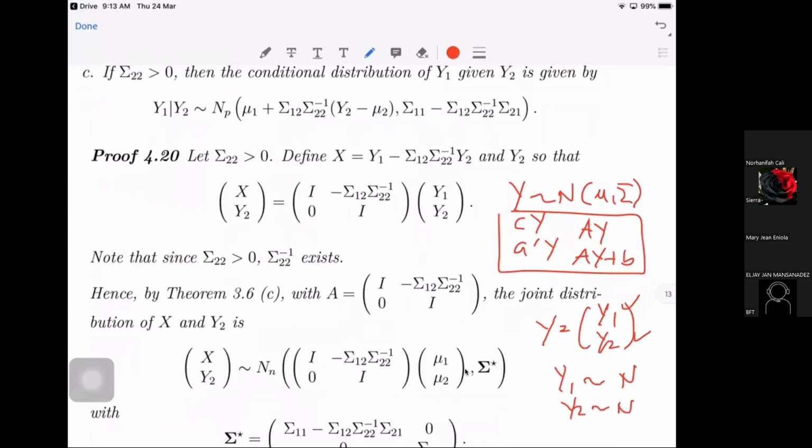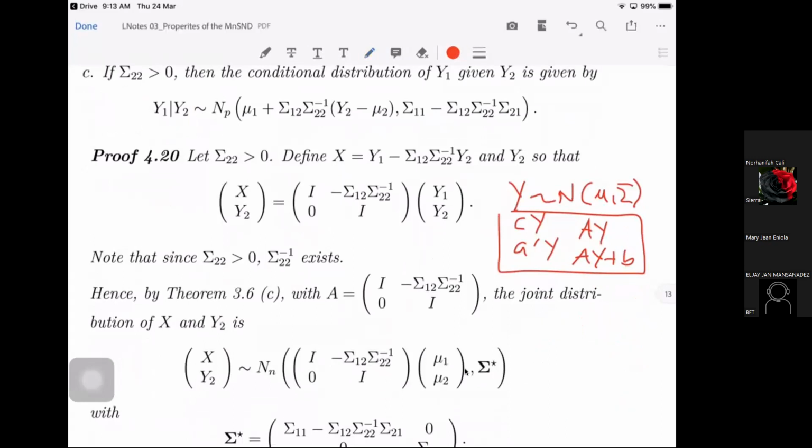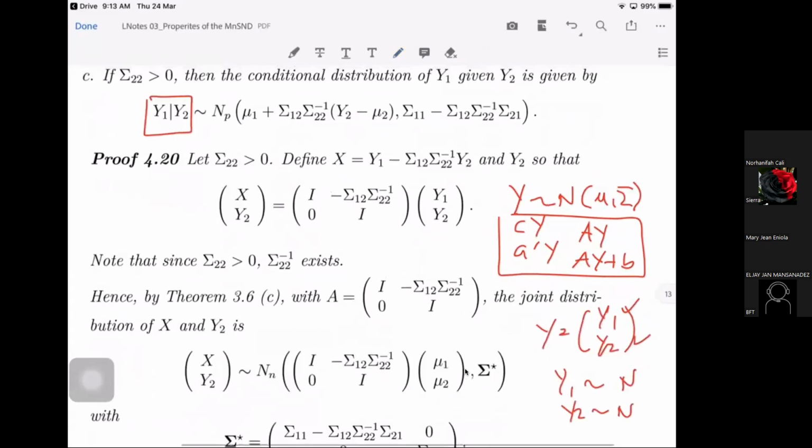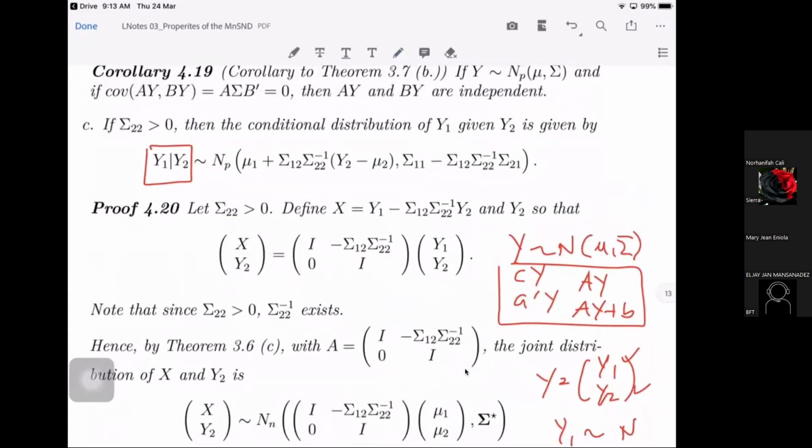Suppose you still partition your y into y1 and y2, and you look at the conditional distribution, that is y1 given y2.